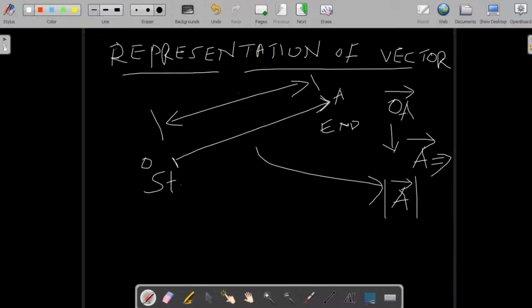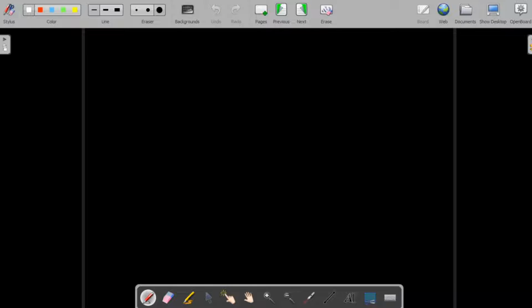Now let us consider this in two dimensions as stated earlier. I hope you know this is the x-axis and this is the y-axis. So I am keeping this OA somewhere here, and it will have a starting point and an end point. Let us represent it in a better way.